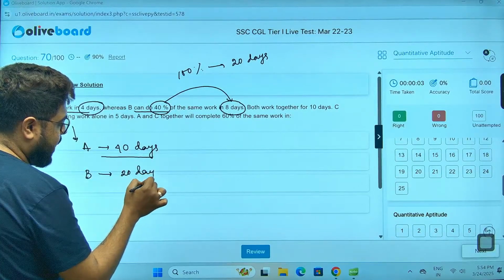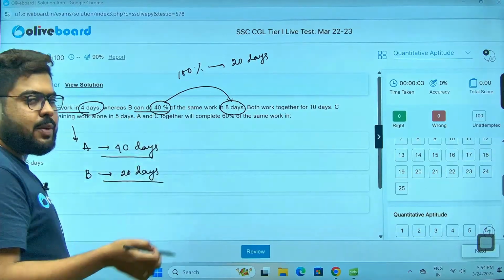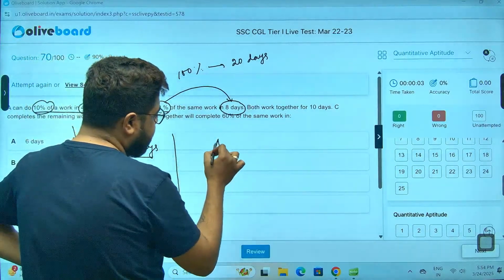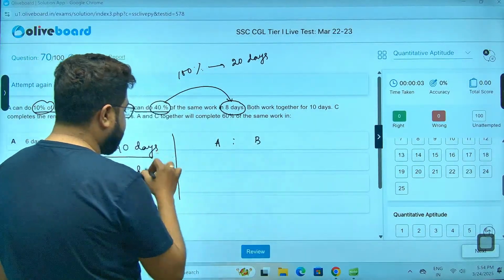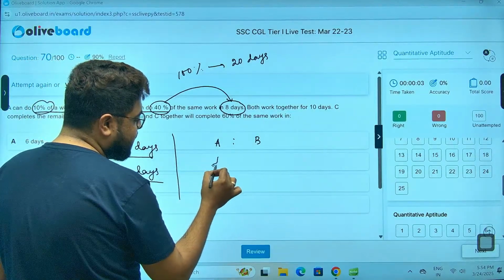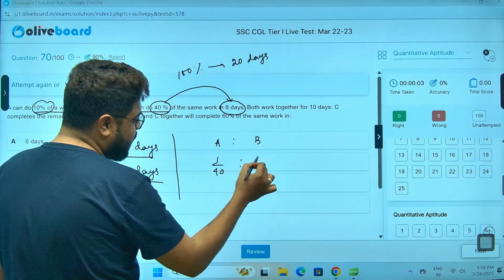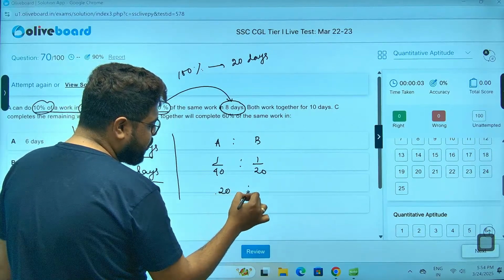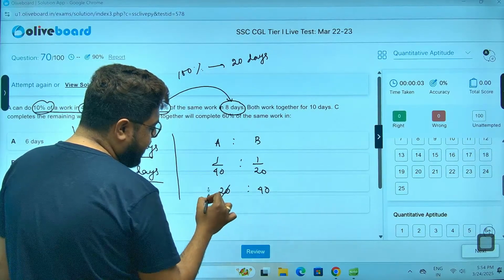I'm just taking out how much time they will take to complete 100%. So the time ratio is 40 and 20. The efficiency ratio is always opposite, so 1/40 to 1/20, which is 20:40, that is 1:2.